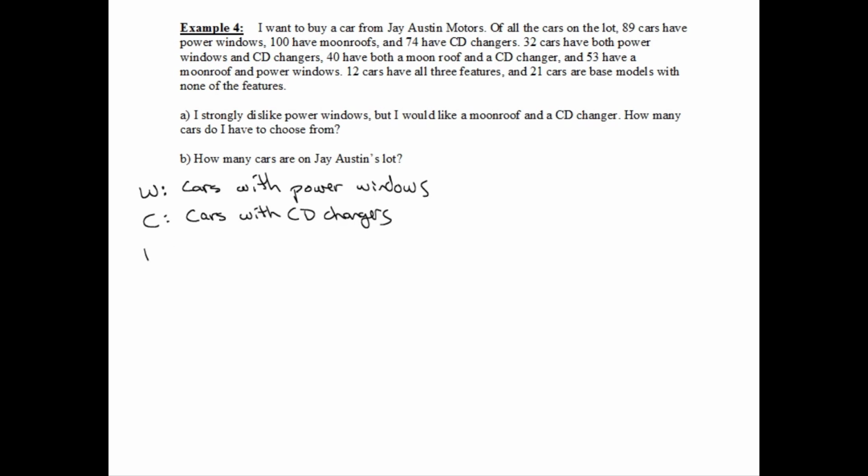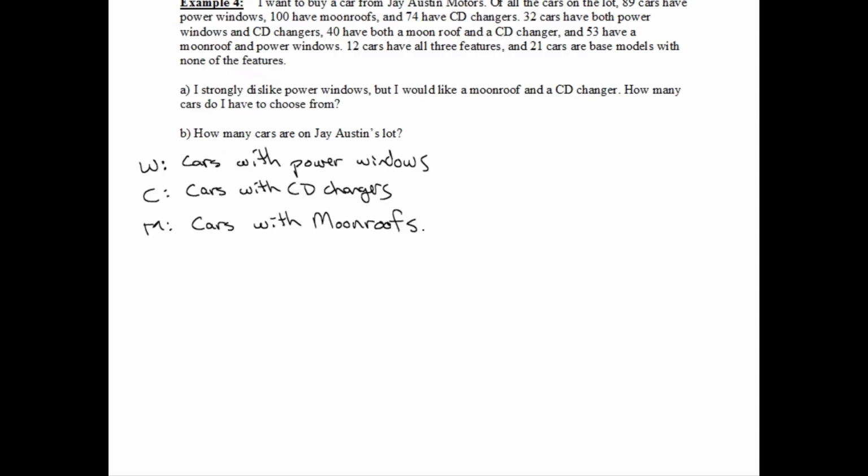And let's let M be the set of cars with moonroofs. And we want to use the given information to fill out this Venn diagram as completely as possible.